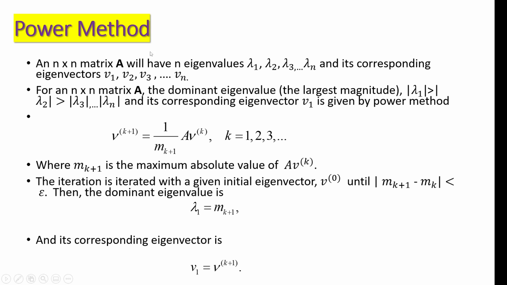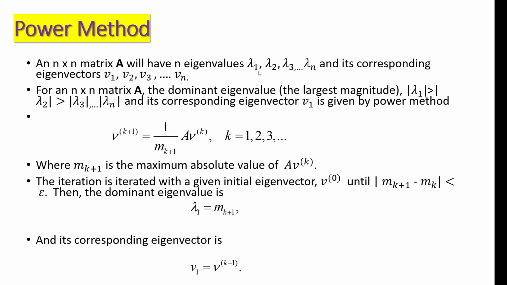So for your information, for an n by n matrix A, let's say if it is 2 by 2, then you should have 2 eigenvalues. If matrix A is 3 by 3, then you should have 3 eigenvalues. In general, if you have an n by n matrix A, then you will have up to n eigenvalues.